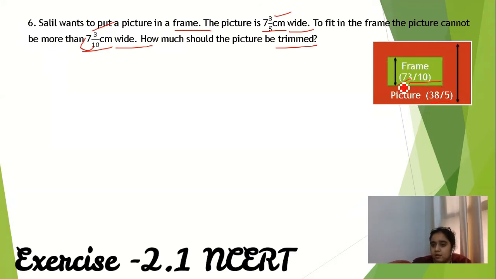This is our width of picture, that is this arrow. This is the width of the frame and this arrow is the width of the picture. What we have to find out: if we subtract 38 upon 5 minus 73 upon 10, we will get the answer, that part should be trimmed to get into the frame.